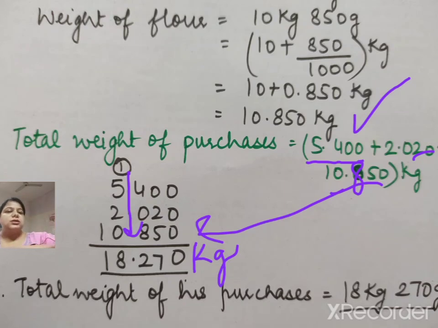So your answer, 18.270, means there are 270 thousandths, and it is the thousandth part of a kilogram. So a thousandth part of a kilogram is what? It is a gram, right? So it can be written as 18 kilograms 270 grams. So the total weight of his purchases is 18 kilograms 270 grams.